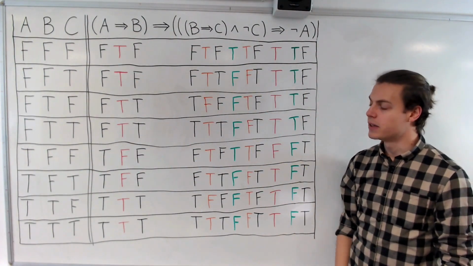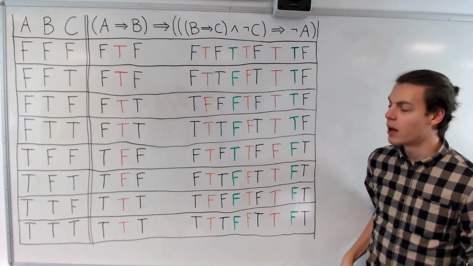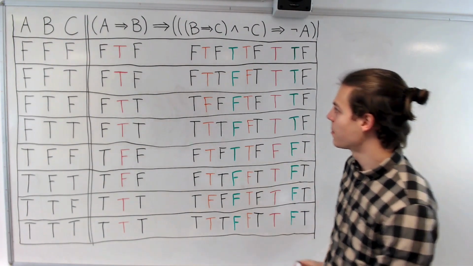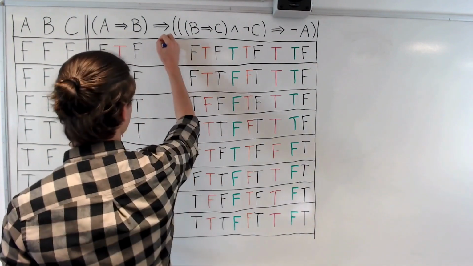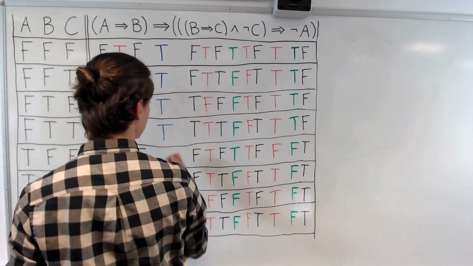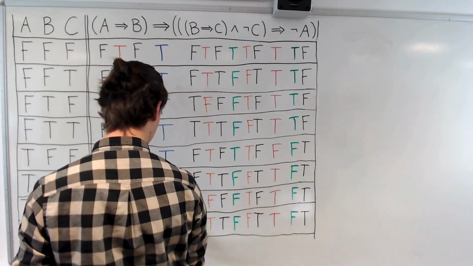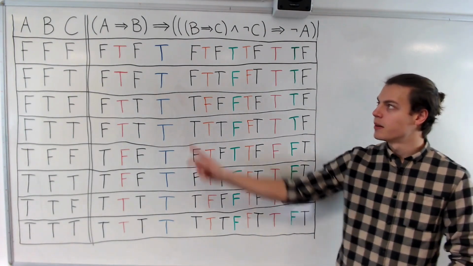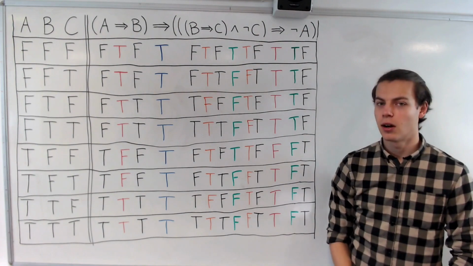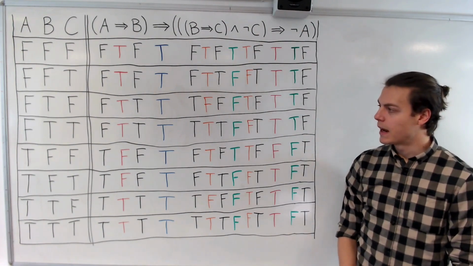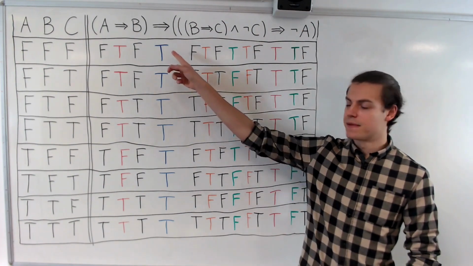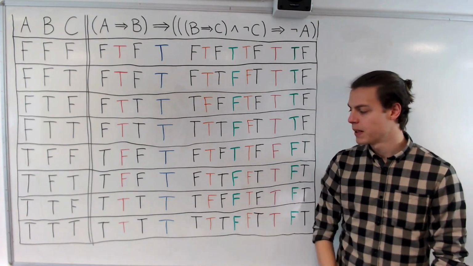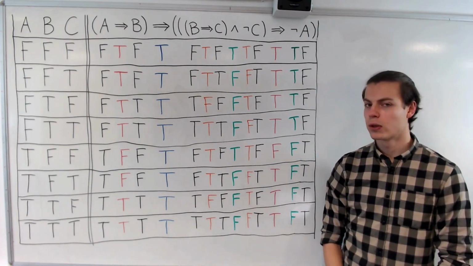And using the same rule for implication, we can fill this in. So here is our fully constructed truth table for this statement. And you'll notice that this statement is in fact a tautology. It's true in all cases.